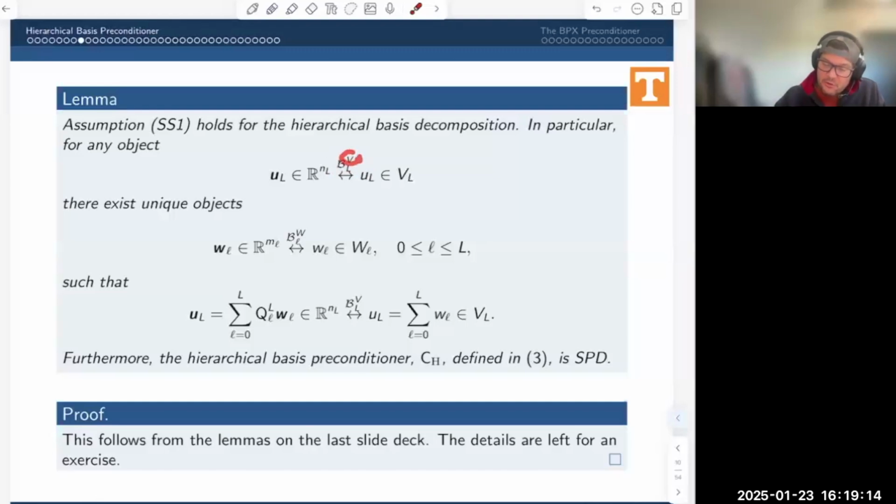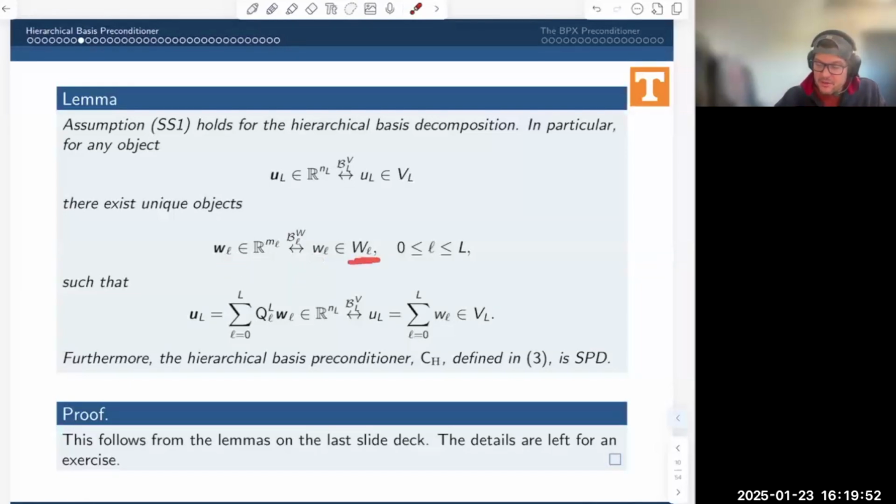Notice that I have to use this superscript V because I also have a basis for my W spaces, which are the hierarchical basis spaces. Not exactly the hierarchical basis; the hierarchical basis is a specific thing when I take a union of these. So this is just the basis for this space. If I take any object here, then there exist unique objects w_l in R^{m_l}, which is connected to some finite element function in W_l.